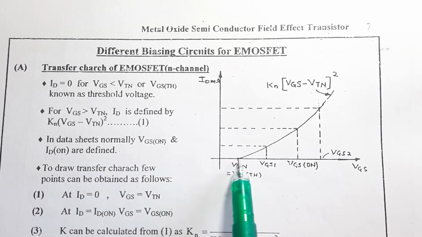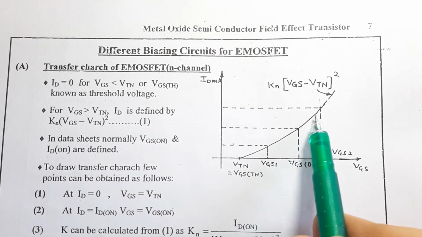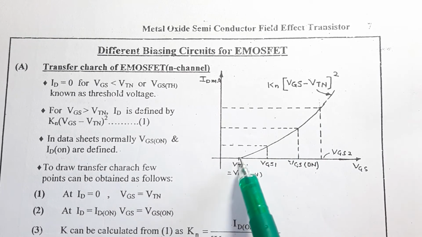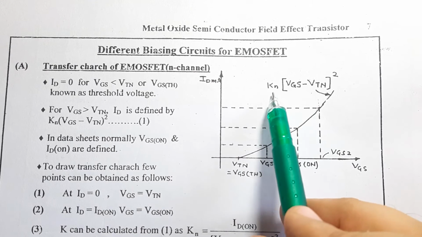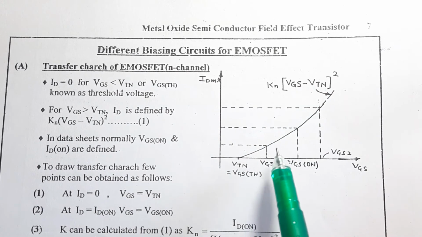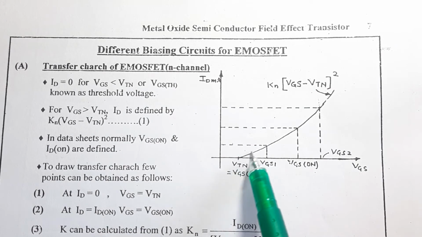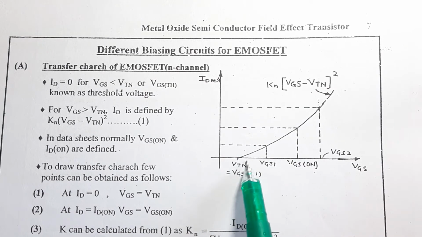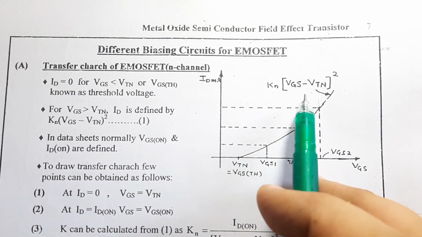Now, when VGS increased beyond this point, the current increased, as you can see in the graph. This increment is determined by the formula Kn (VGS − VTN)². For VGS greater than VTN, ID is defined by this formula.